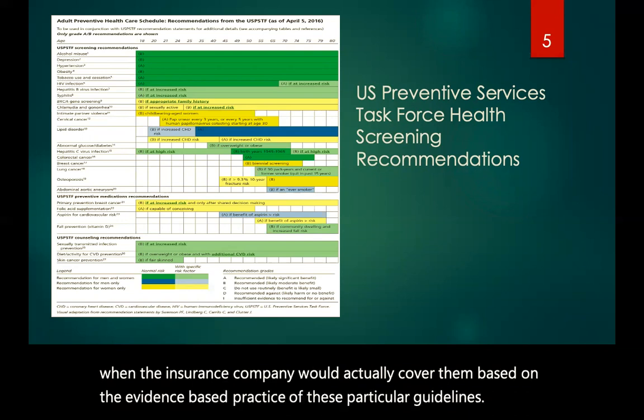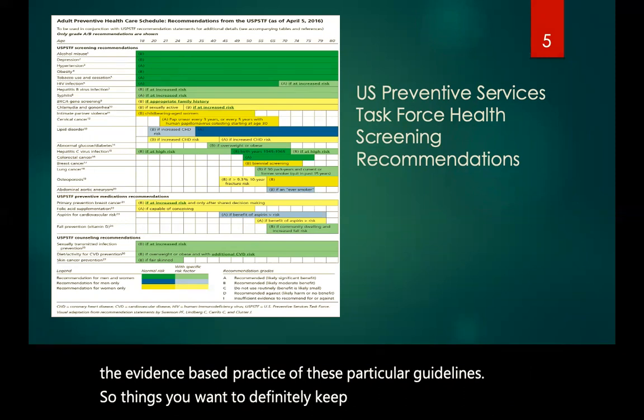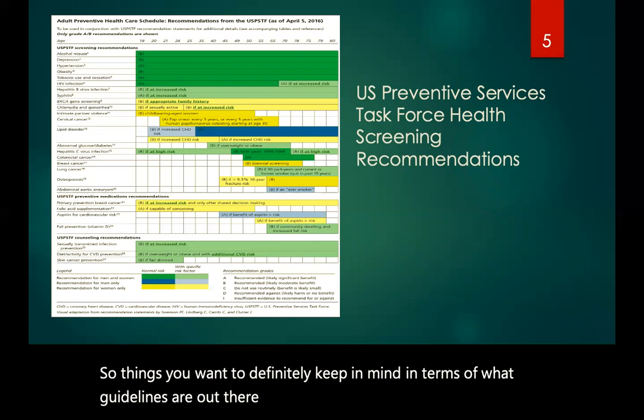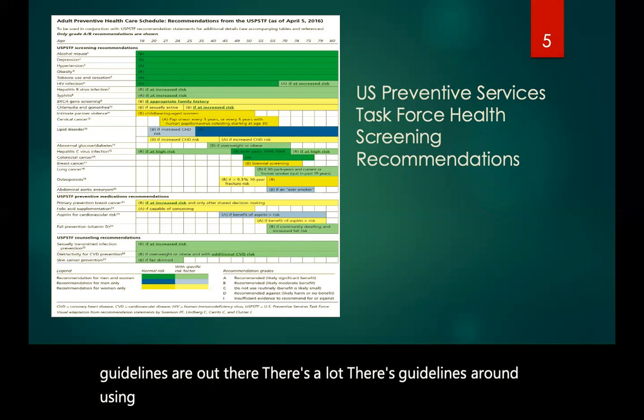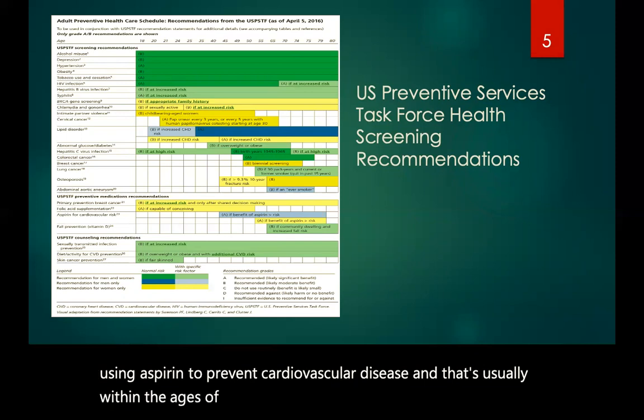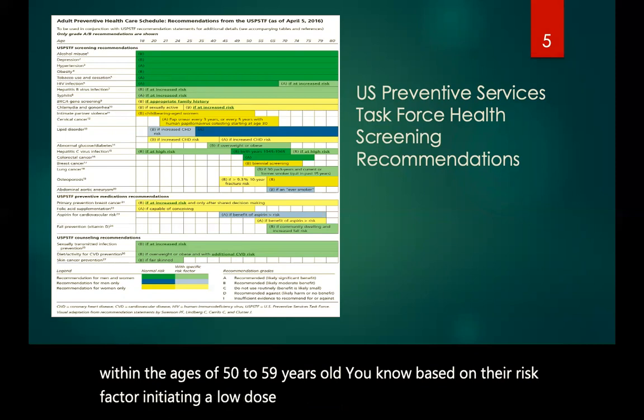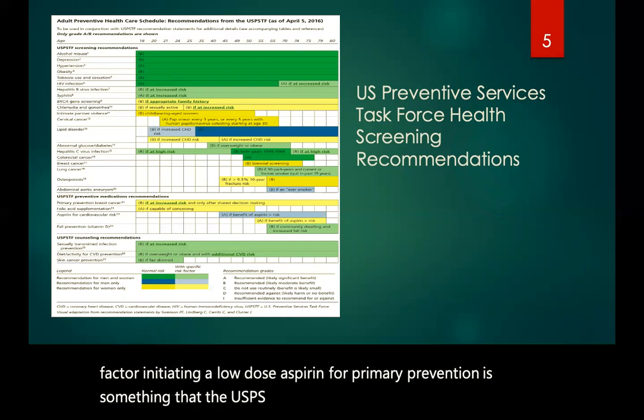So things you want to definitely keep in mind are what guidelines are out there. There's a lot. There's guidelines around using aspirin to prevent cardiovascular disease, and that's usually within the ages of 50 to 59 years old. Based on their risk factor, initiating a low dose aspirin for primary prevention is something that the USPSTF recommends.